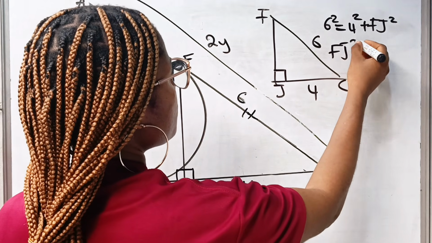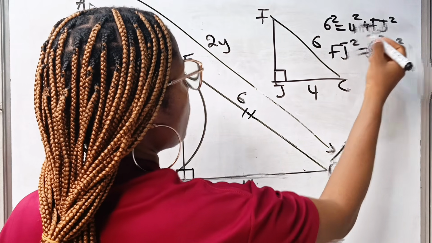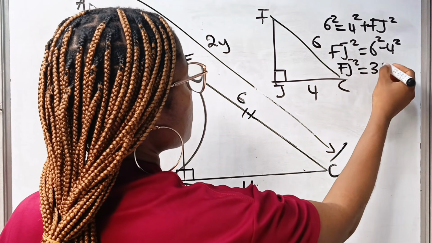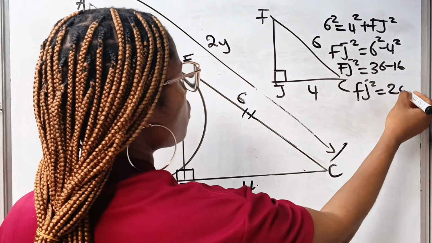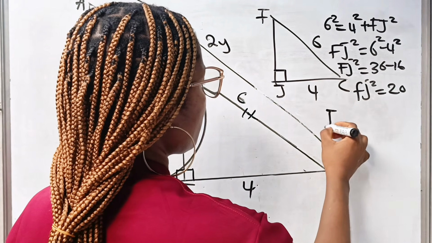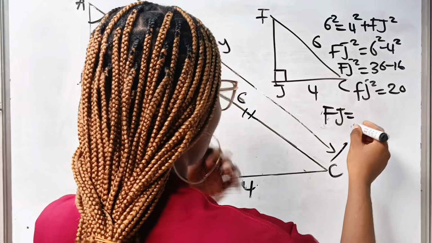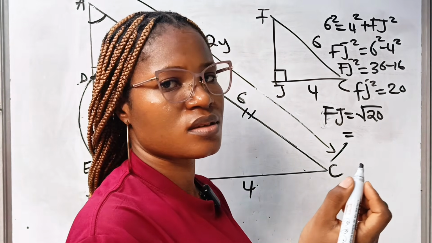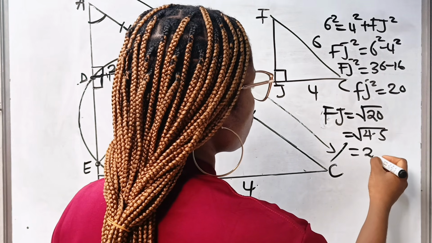So that means FJ squared will be equal to 6 squared minus 4 squared. So FJ squared is equal to 6 squared is 36, 4 squared is 16. So FJ squared is 20, right? So FJ will be equal to the square root of 20, and square root of 20 is square root of 4 multiplied by 5, which will give us 2 root 5.